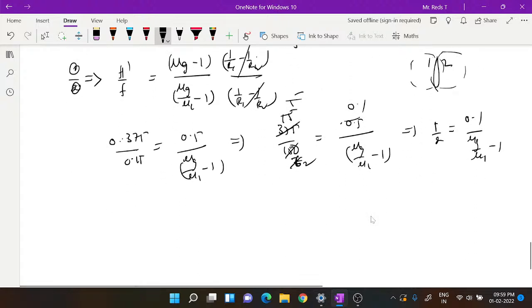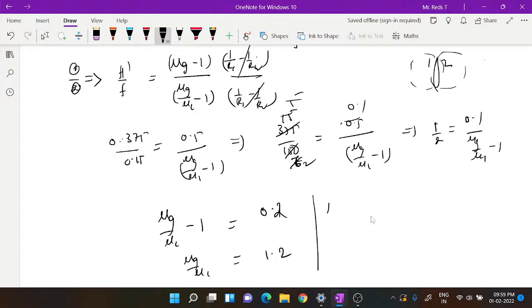Cross multiply, then mu g by mu l minus 1 is equal to 0.2. From this we can write mu g by mu l is equal to 1.2.